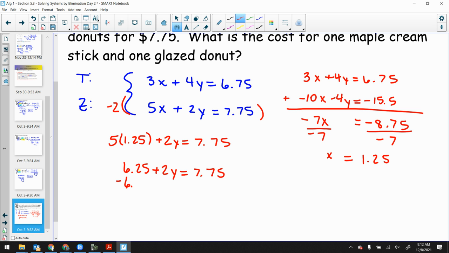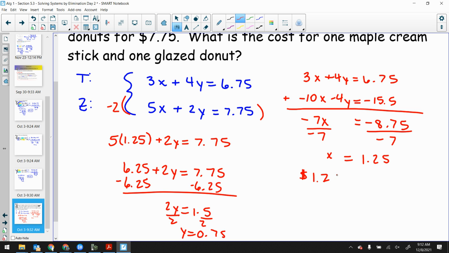We subtract the 6 1/4, so 2y is equal to 1 1/2. We divide by 2. So y is 0.75, which means $1.25 for the cream sticks and 75 cents for the glazed.